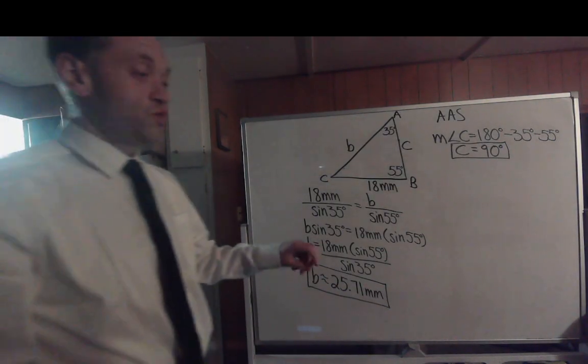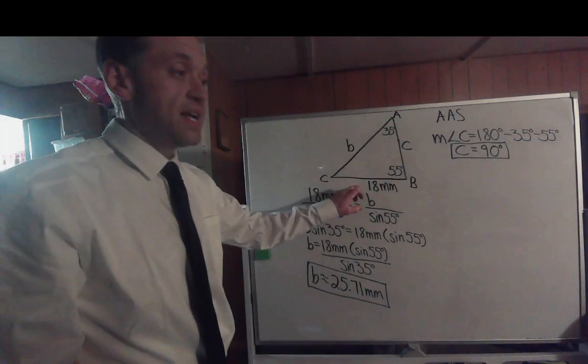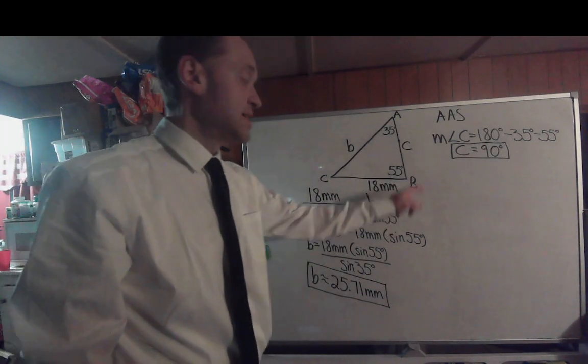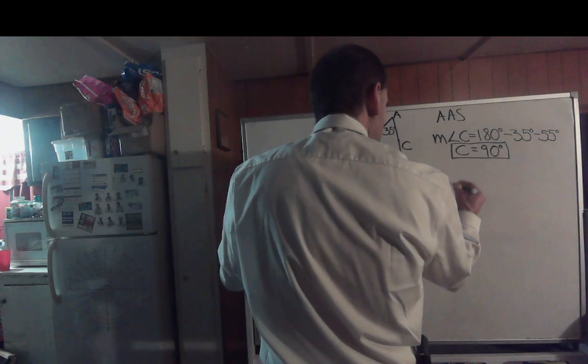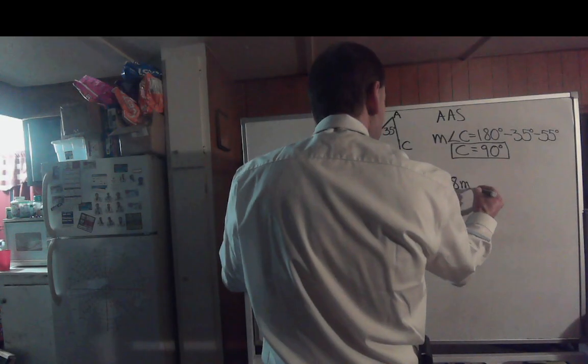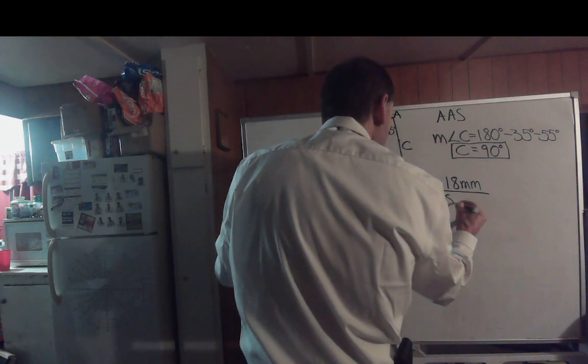Well, since we for sure know the exact length of side A, we should also probably relate side C to side A. So we could take that A length of 18 millimeters, divide that by the sine of 35 degrees.